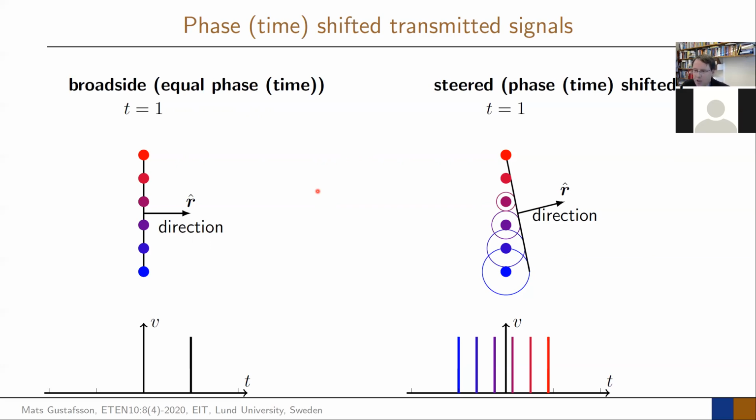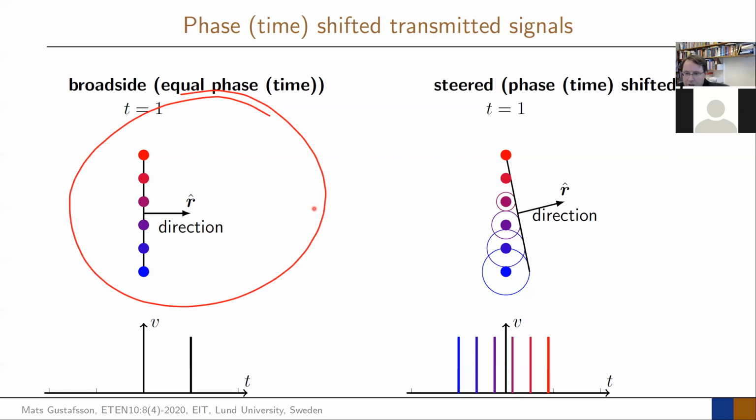So if we think what we have in a typical case here, if we focus first on this left part of it here, we say that we send the signals from all elements at the same time. And that is what I have drawn down here. So at a certain time, I just send a signal. You can say you send like a ping. And then that propagates out.